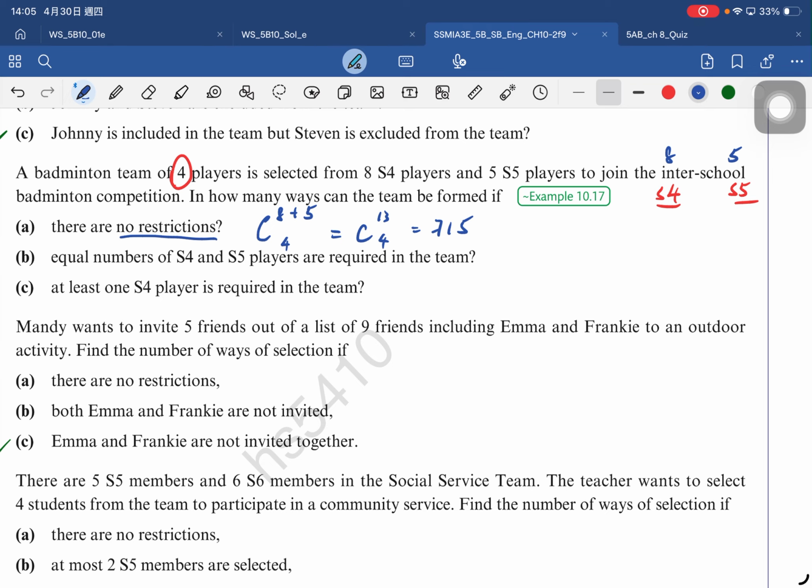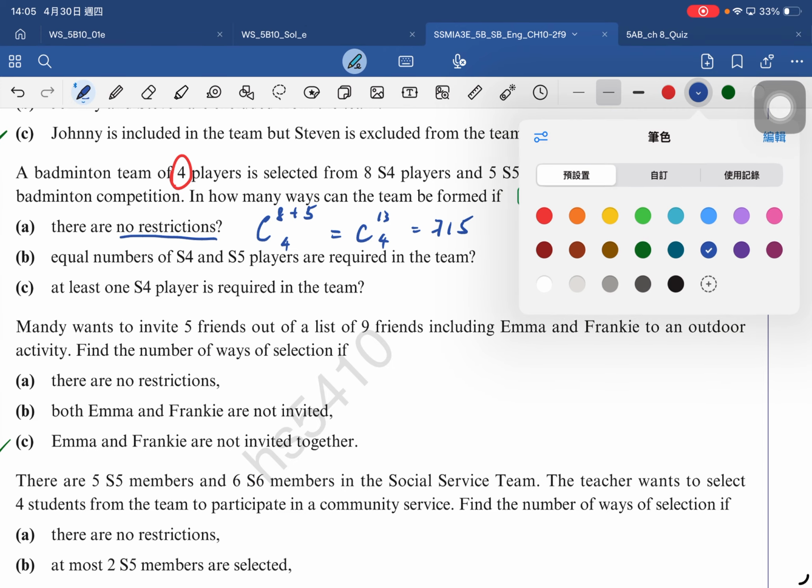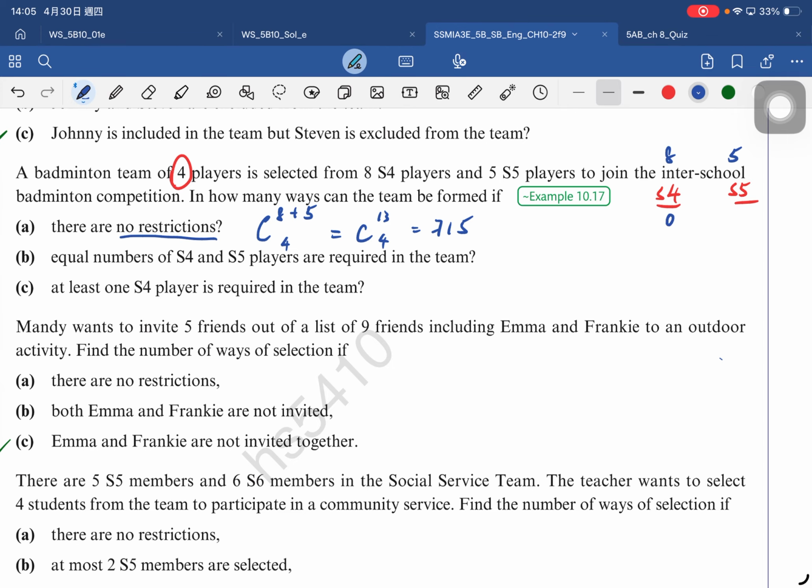Now I just mentioned you should try to draw the diagram. Just start from any one, which should be 0. 0 S4 means 4 S5. And then 1 and 3, 2 and 2, 3 and 1, 4 and 0. Which case has equal numbers? 2 and 2.